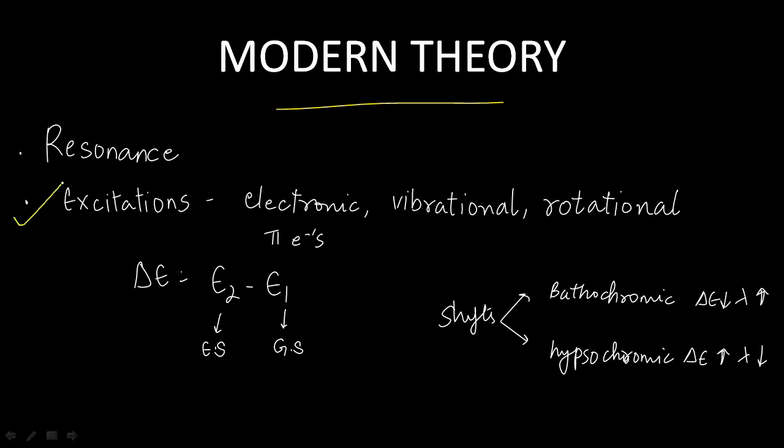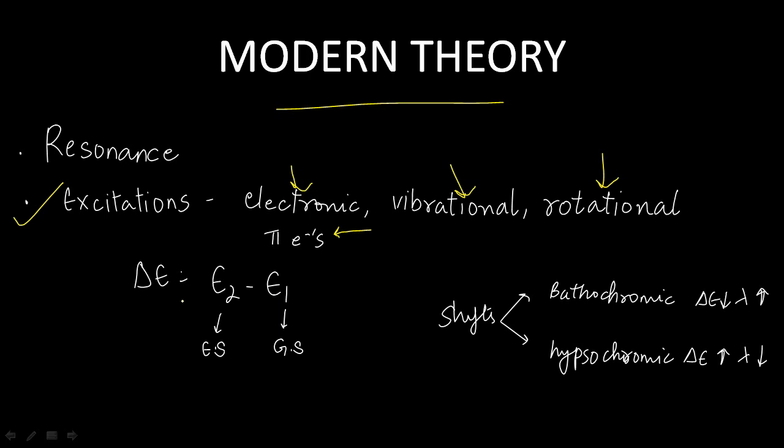Not oxidation, excitations. These can be electronic, vibrational, or rotational. In electronic transitions, an electron jumps from one level to another and then comes back, so energy is absorbed and released. These are basically due to pi electrons.